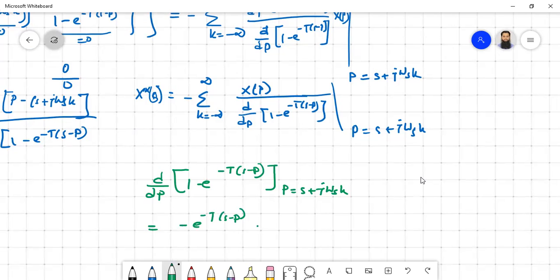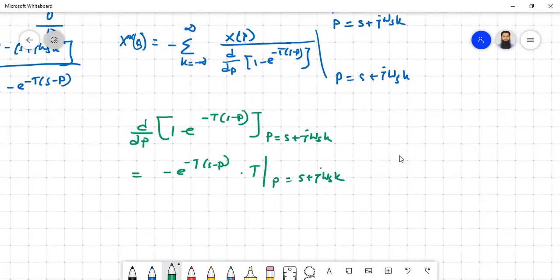Then you have minus t s plus t p. So p with respect to p basically becomes simply t. And then you have to set p equal to s plus j omega s k.